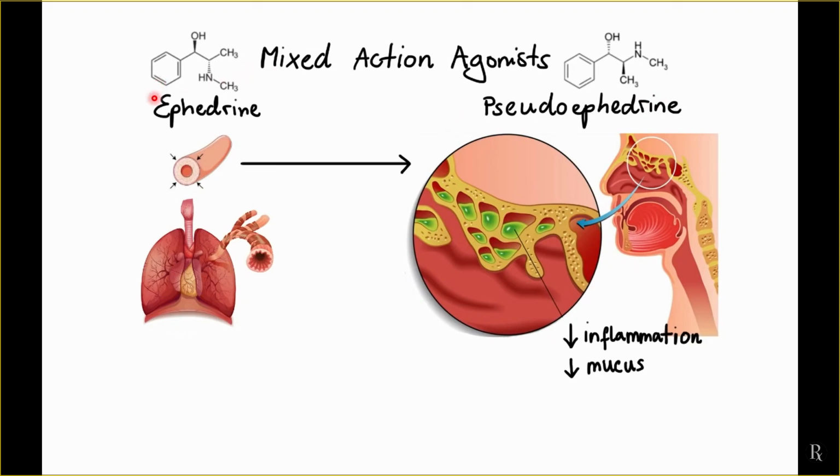So unlike the catecholamines, they lack the catechol group, that is why they have a long action, and there are also some amino groups and methyl groups nearby. The pseudoephedrine can also decrease inflammation and decrease the secretion of mucus in the nasal mucosa.